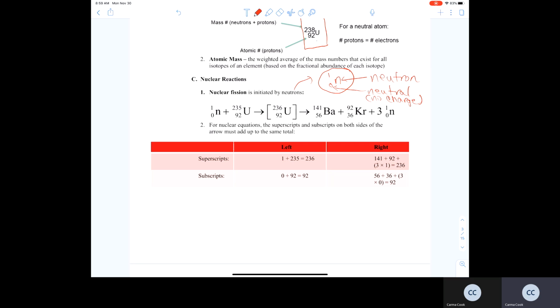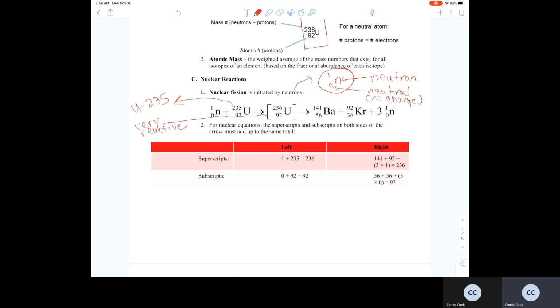And so a neutron will hit the nucleus of a radioactive element like uranium-235, for example, with the mass number of 235. Atomic number of uranium is 92. So when that neutron hits the nucleus of uranium-235, you produce another isotope of uranium that's very reactive, and that's uranium-236.